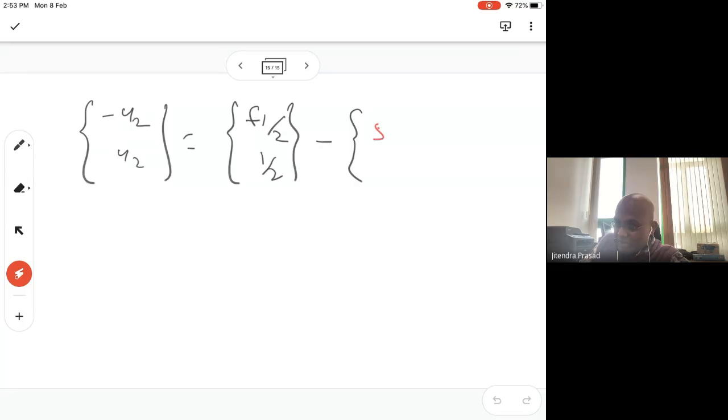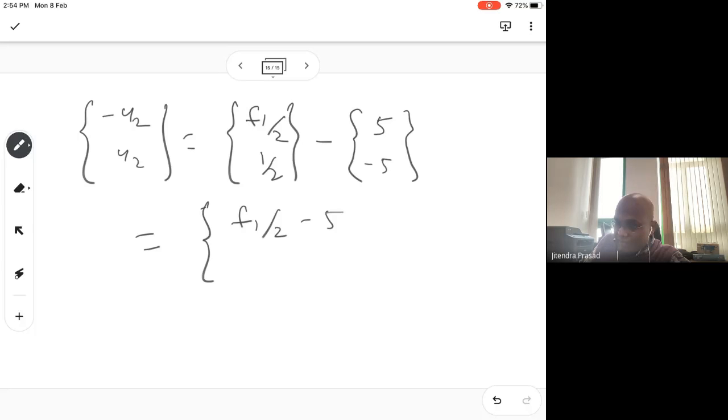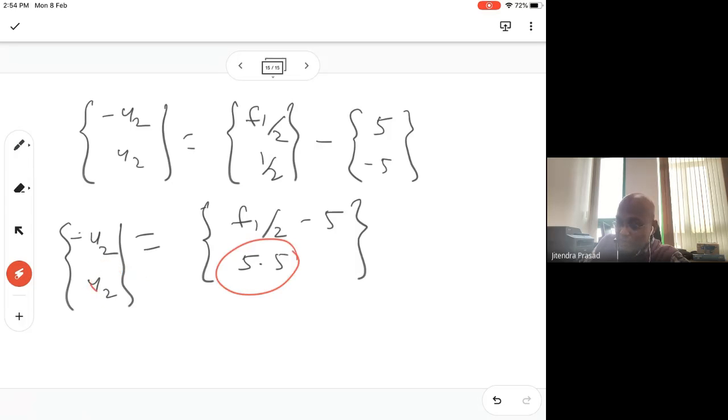So we have 5 minus 5. This will be equal to F1 over 2 minus 5 and 5.5. What do we get? We get U2 equal to 5.5.